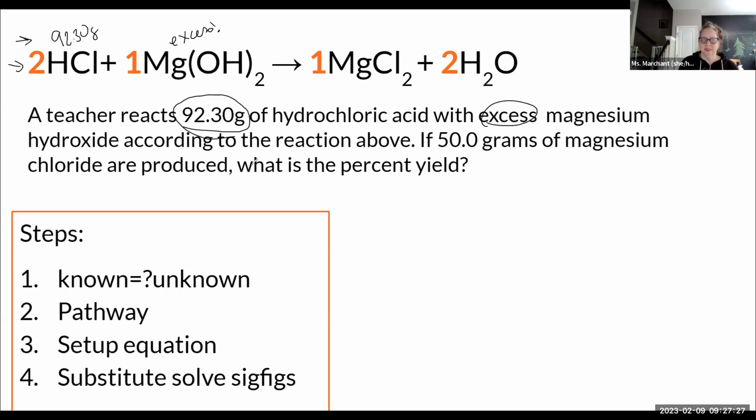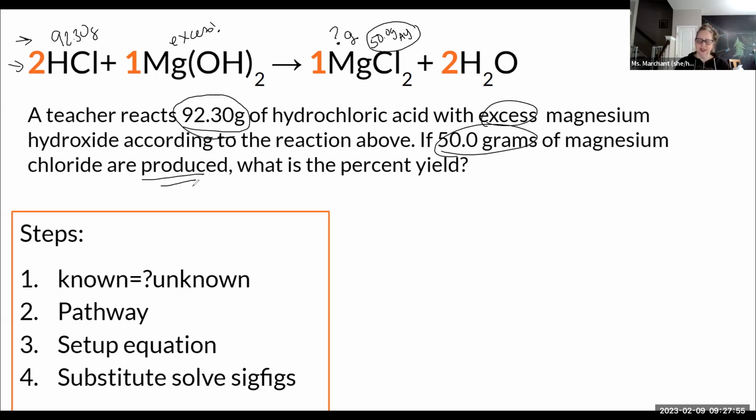There's no number for magnesium hydroxide, so I'm not going to need to start that off as a known. According to the reaction above, if 50 grams of magnesium chloride are produced, okay, so this is not my stoich, I'm going to have to stoich to magnesium chloride, but 50.0 grams is my actual yield because this is what was actually produced in the experiment.